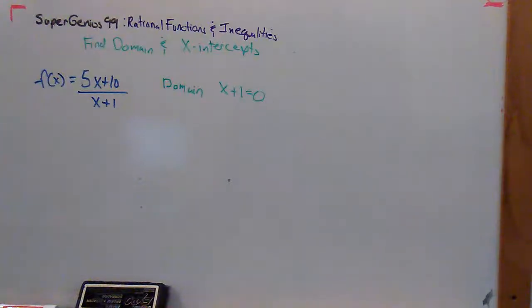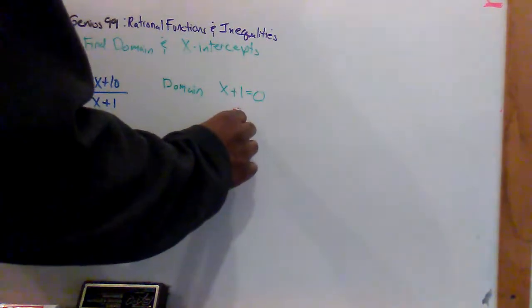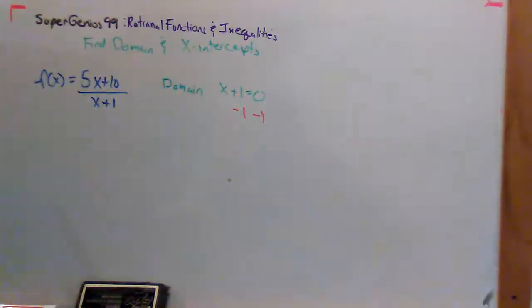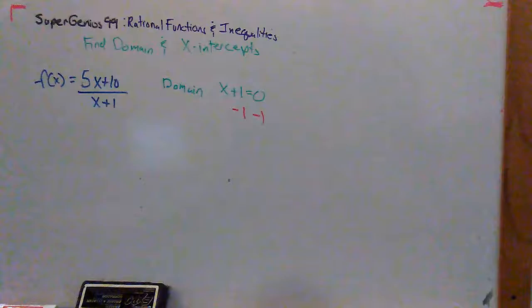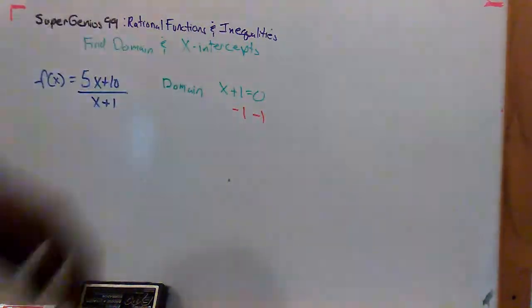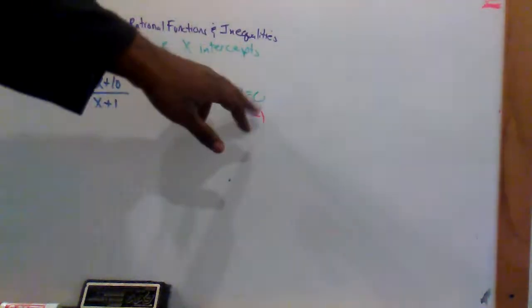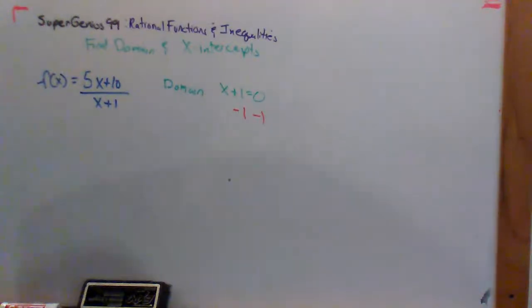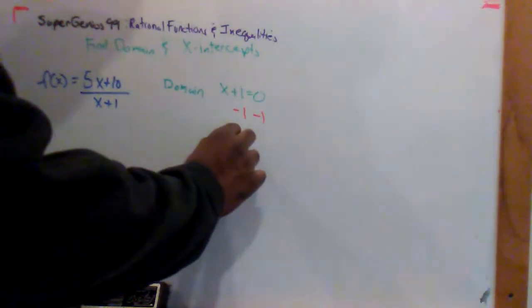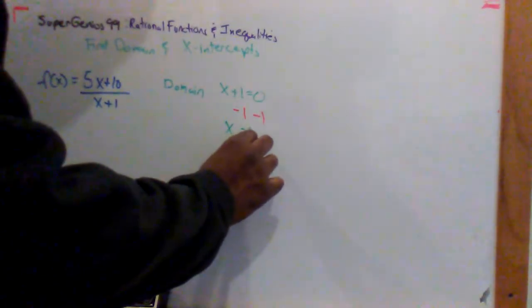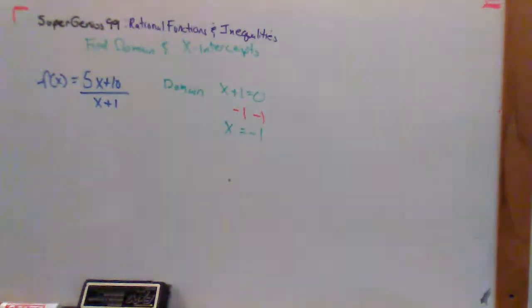So what do we get? I'm going to subtract 1 from both sides to move that 1 over. So 1 minus 1 goes away, and then 0 minus 1 is negative 1. Okay, so x doesn't equal negative 1.